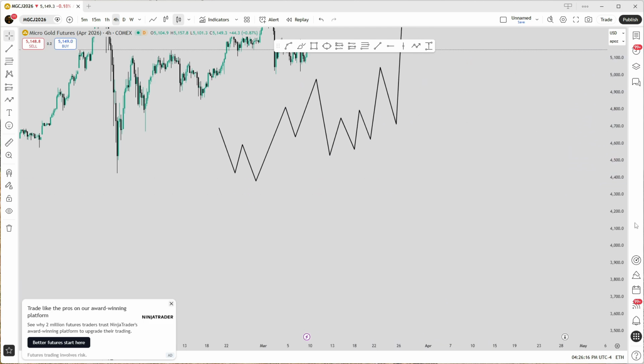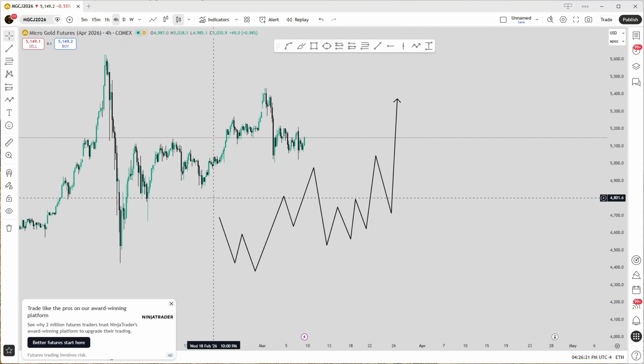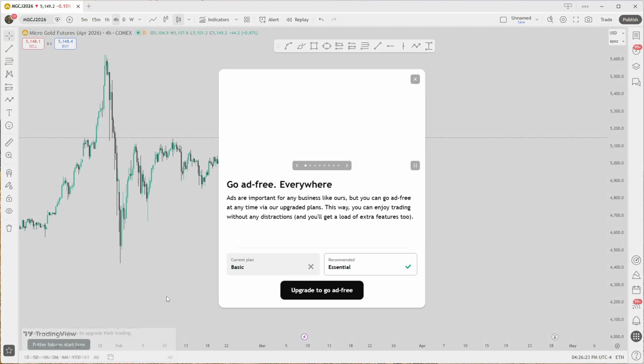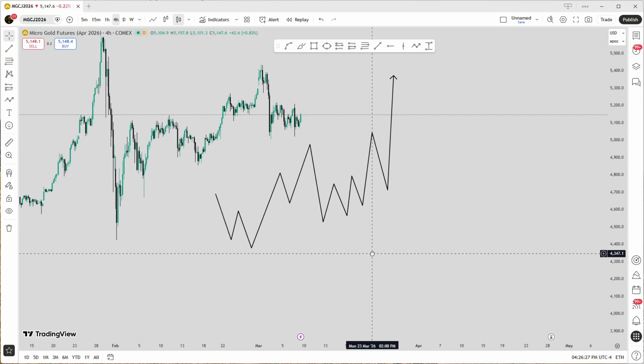So this right here is the market, not drawn to scale, but close to the current market for the past month.